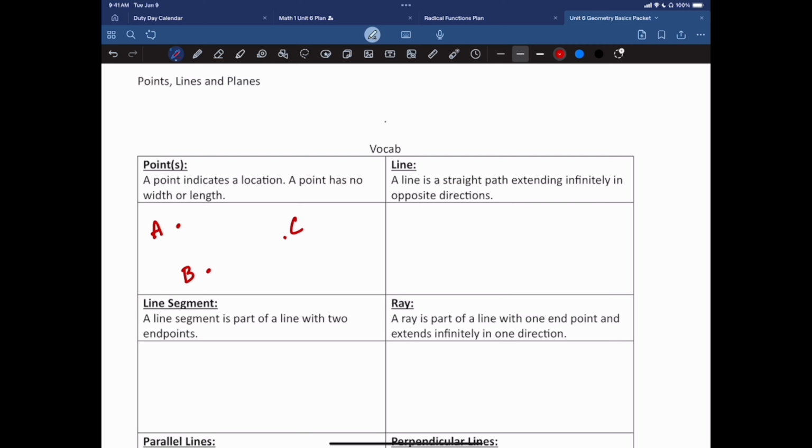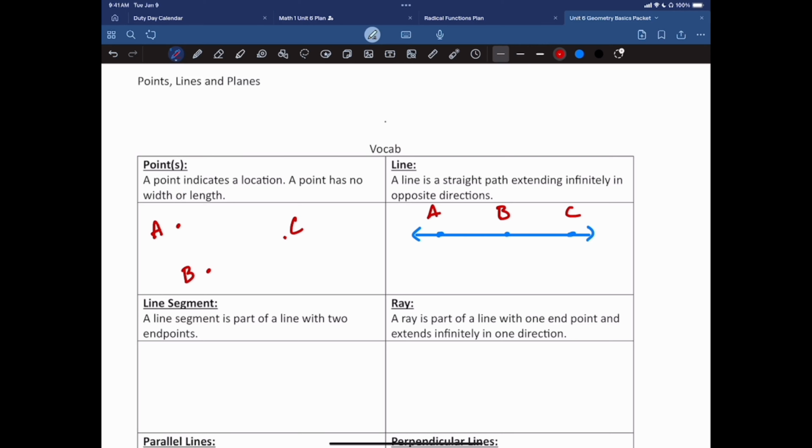A line is just a straight path extending infinitely in opposite directions. So obviously we can have a line that looks something like this. And on that line, I'm going to have an infinite number of points. So we can talk about A, B, C. Now, when we're talking about lines, there's a couple different ways we can write this out.